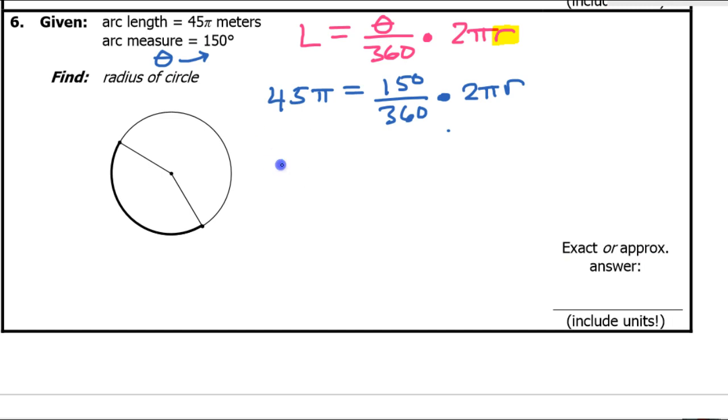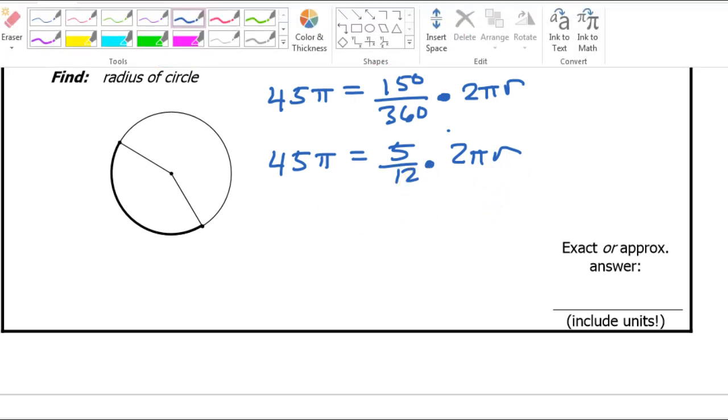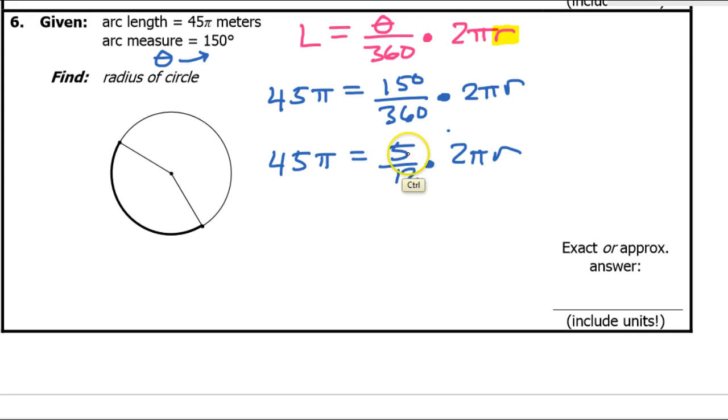So the problem becomes 45 pi is equal to 5 over 12 times 2 pi r. Okay, so I will go from here. And now I'm going to multiply both sides by 12. All right, so I'm going to multiply by 12 here and here. So that way these 12s cancel each other out.